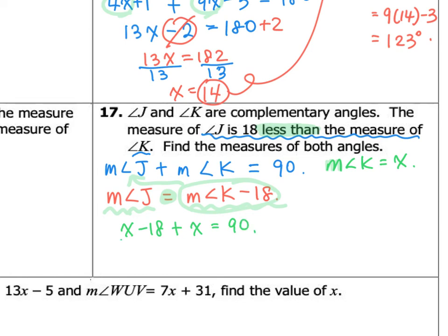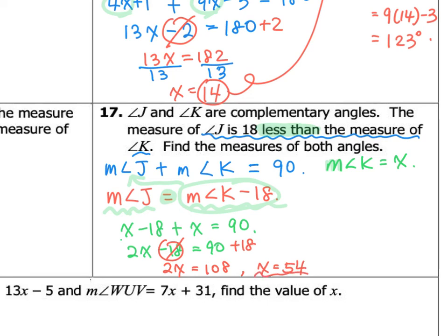Now combine the like terms. 2x minus 18 equals 90, and add 18 on both sides. That will be 2x equals 108, divided by 2, x equals 54.